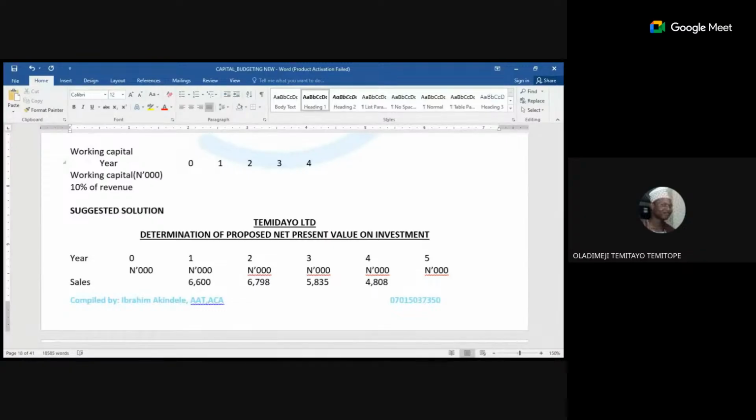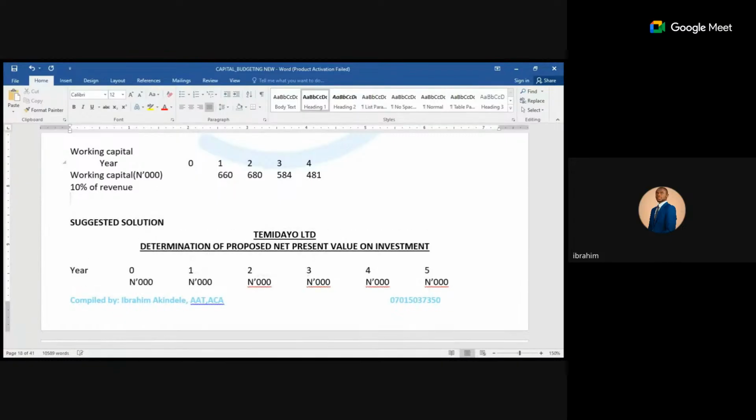Year 1, 660. Year 2, 680. Year 3, 584. Year 4, 481.